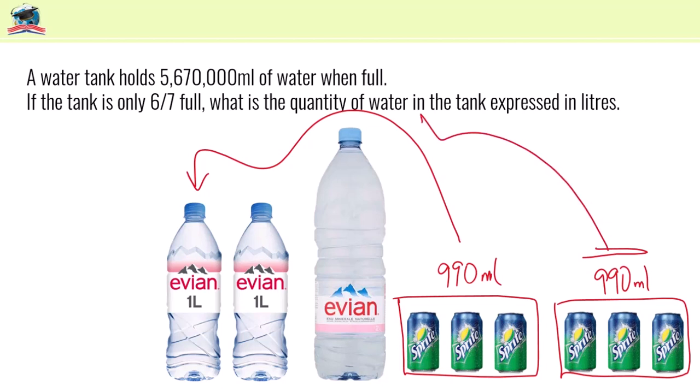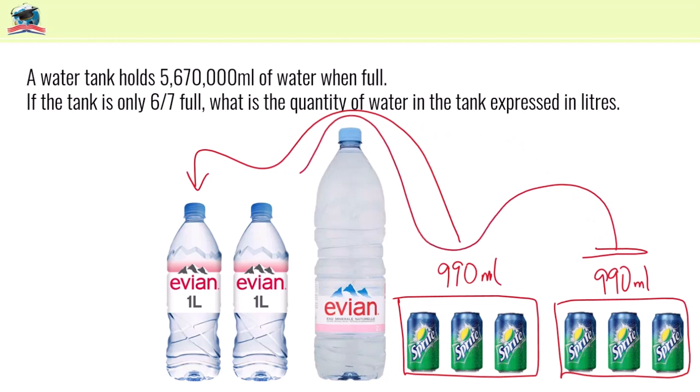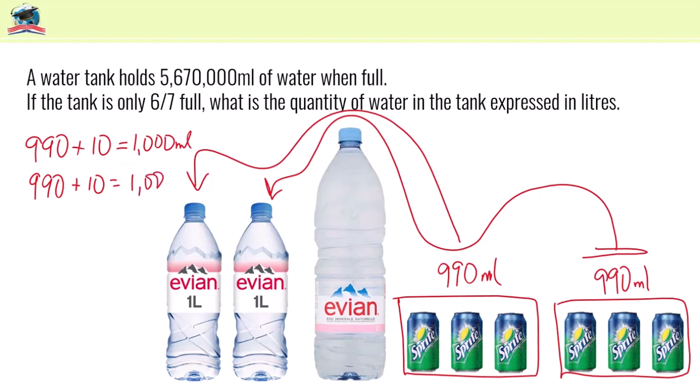Let's change direction. So that means we've got 10 left. And so we go 990, just add 10 more. That's going to give you 1000 milliliters. And then we have another 990 for the second one. Plus 10, we have another 1000 milliliters.